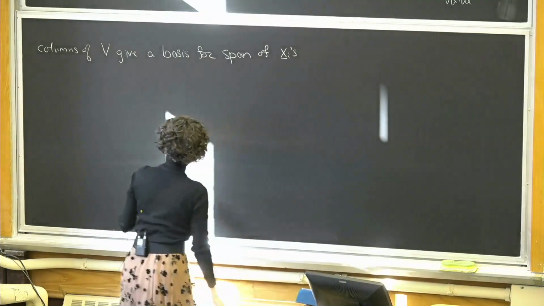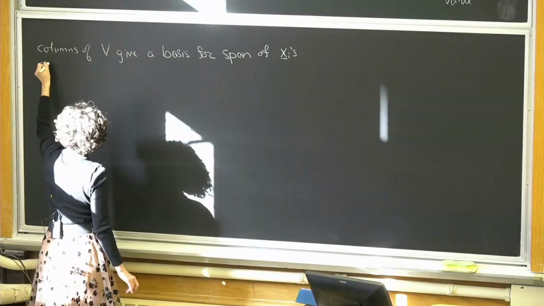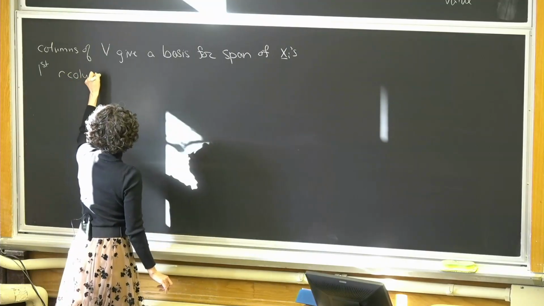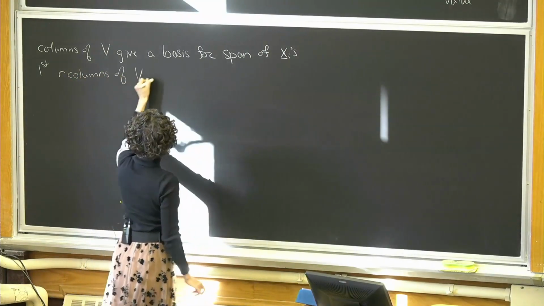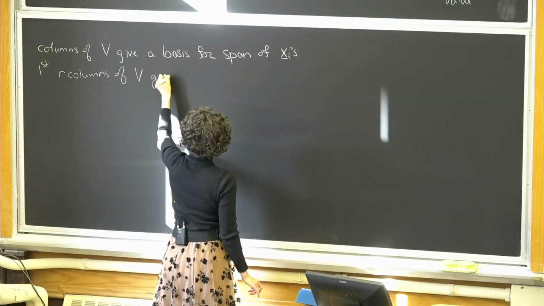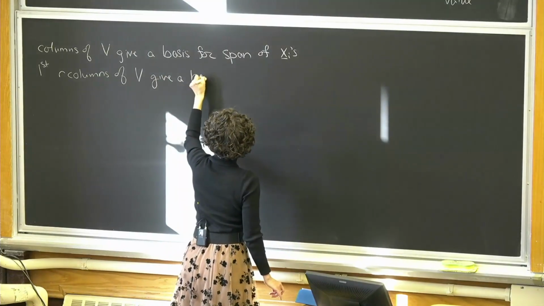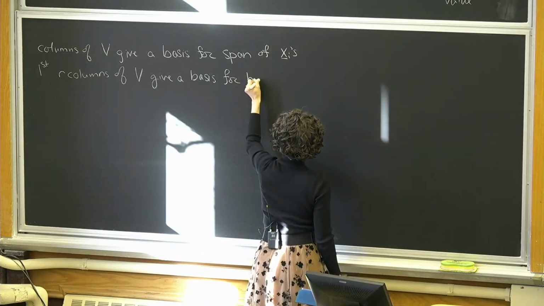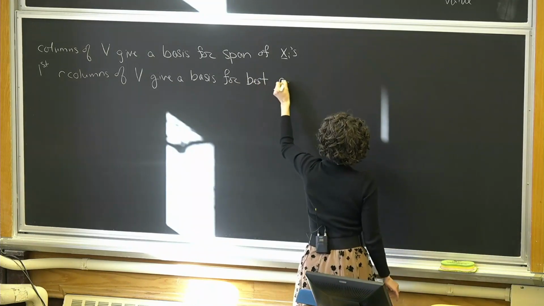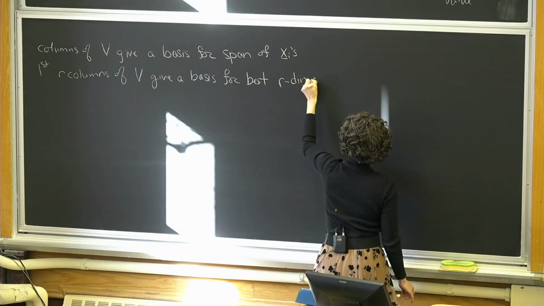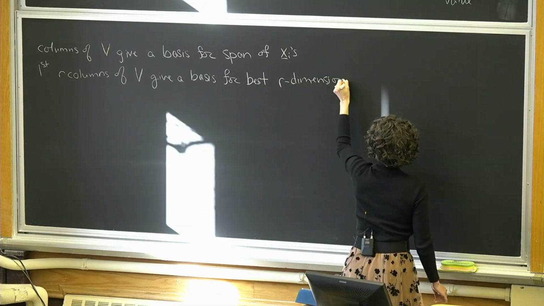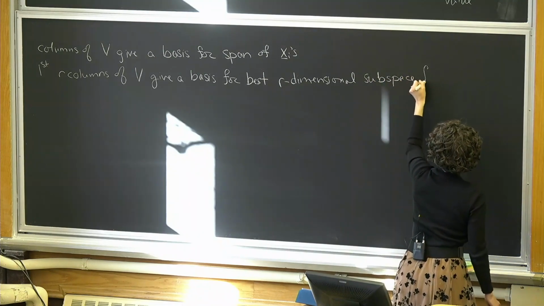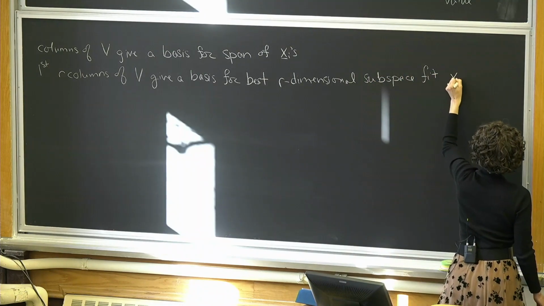And more specifically, the first R columns of V give a basis for the best R-dimensional subspace fit to the xi's.